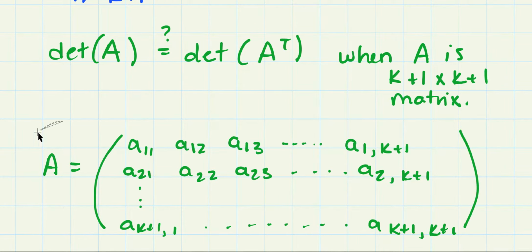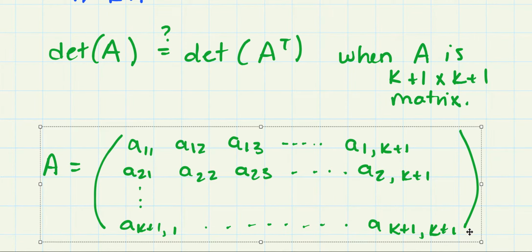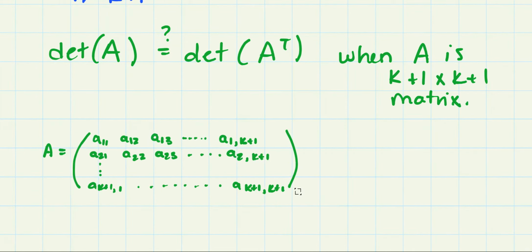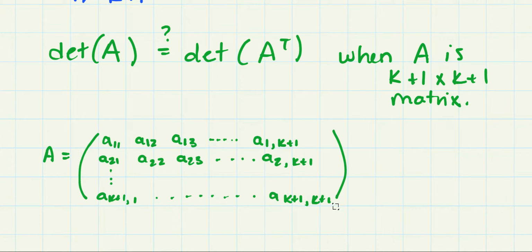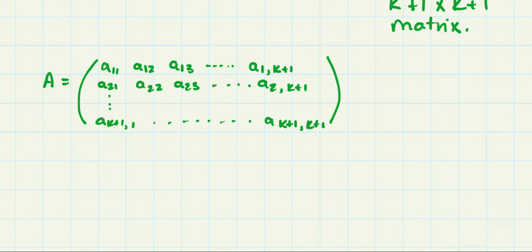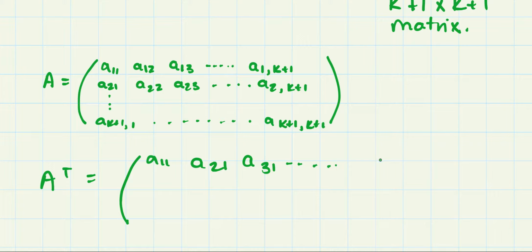And now I want to take the transpose, just so I can visualize it. So let's write down here what the transpose is. Well, it's A11, A21, A31, and so on until you get to A(k+1)1.